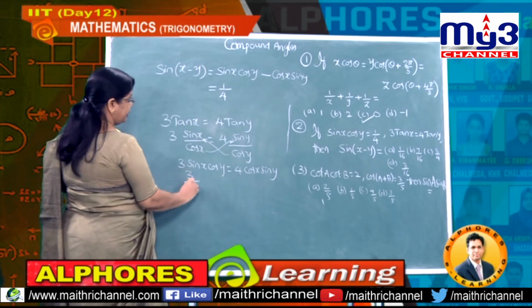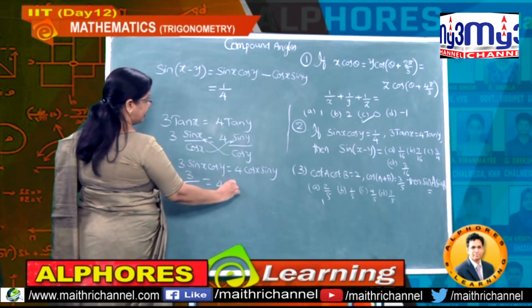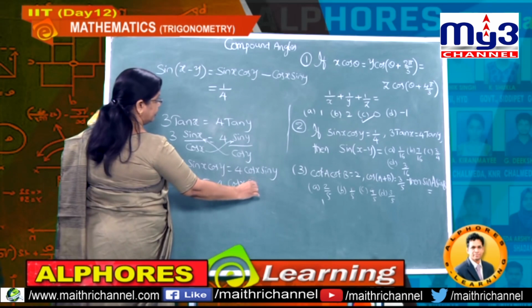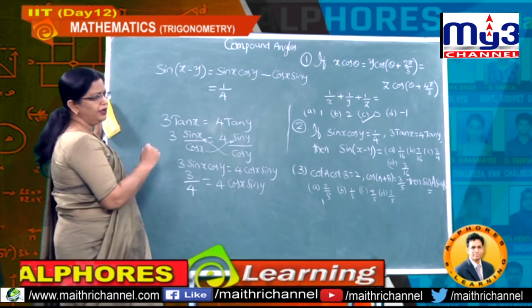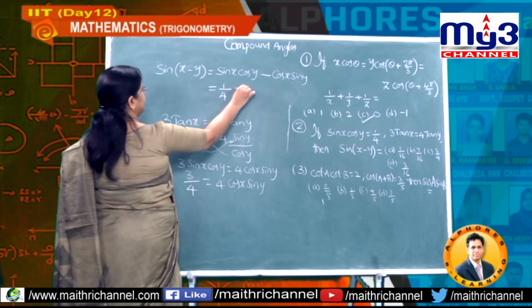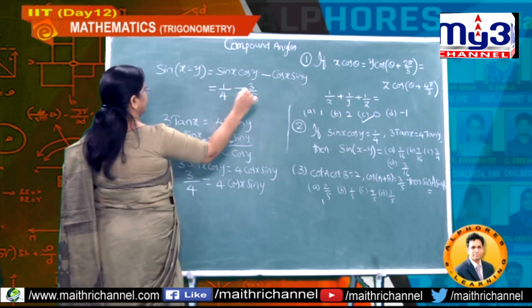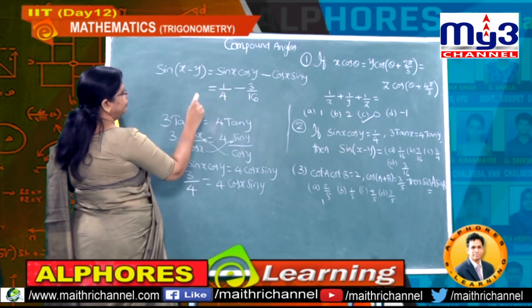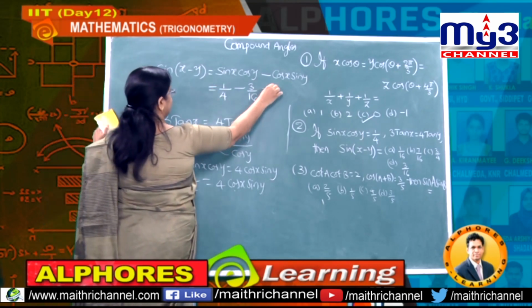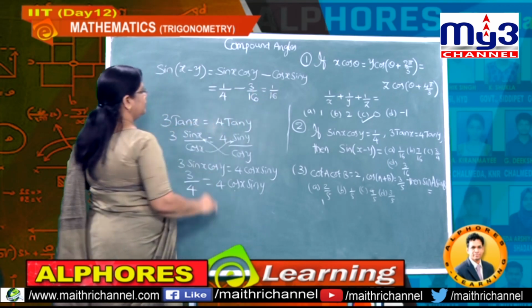So, 3 divided by 4 is 4 times cos x sin y. Hence, what is cos x sin y? It is 3 by 16. So, we substitute the value here. Hence, what is the result? If you multiply, 4 divided by 4, and therefore, it is nothing but 1 divided by 16.